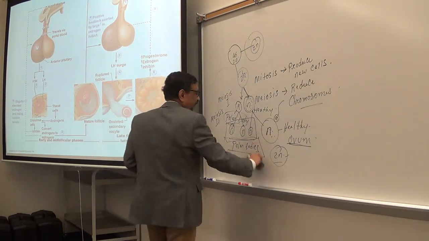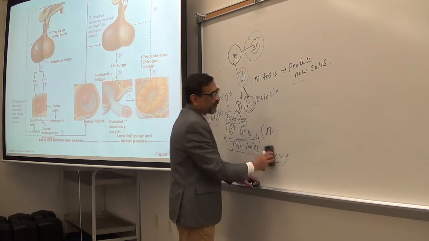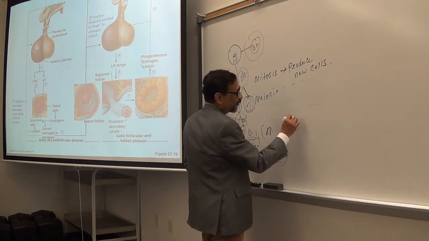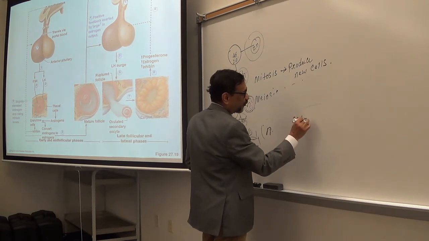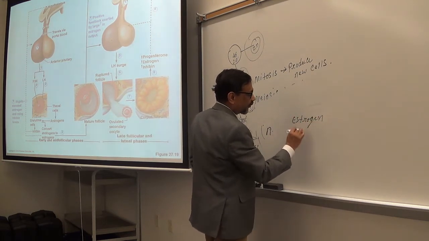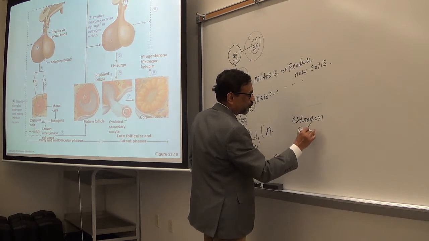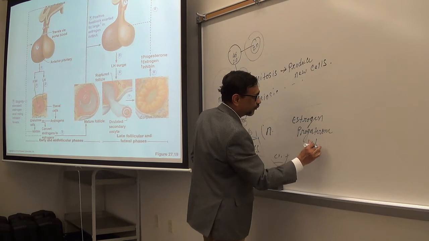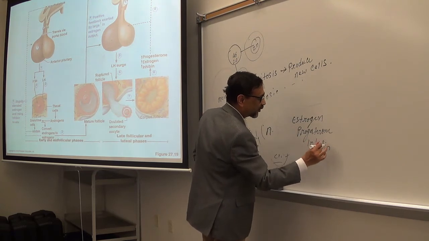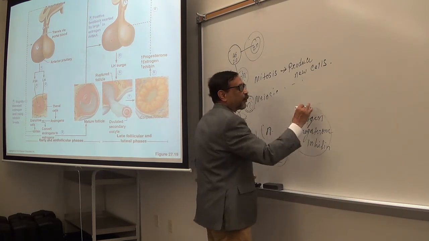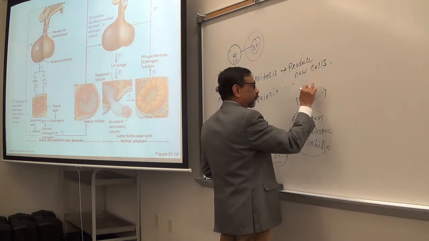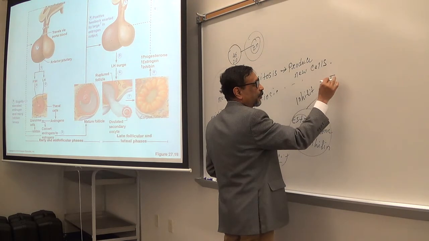You know from last class, what does the corpus luteum secrete? Estrogen, progesterone, and inhibin. Remember these three? These three will inhibit the pituitary.